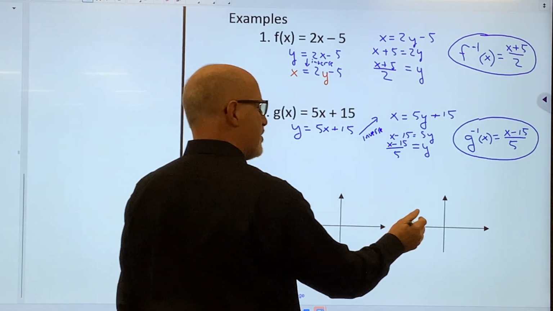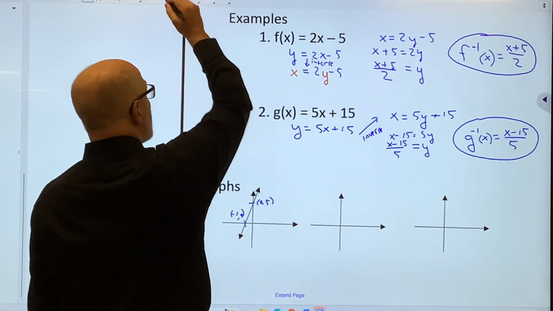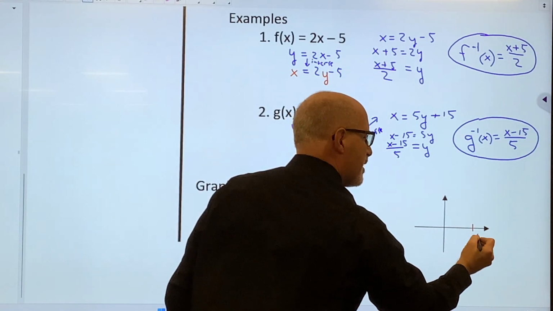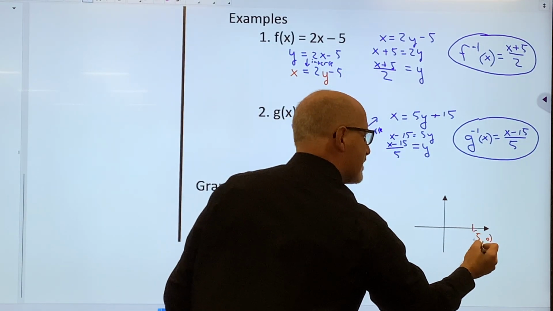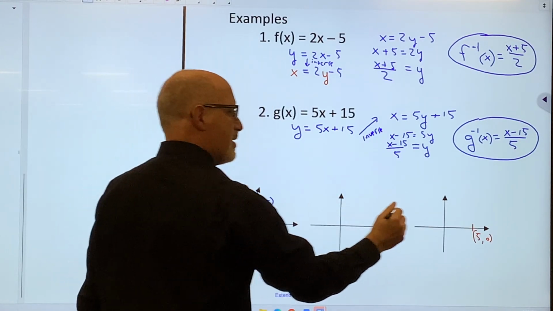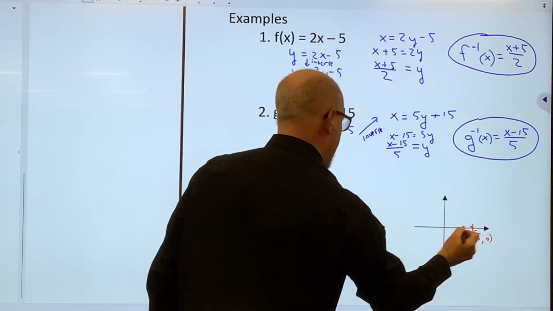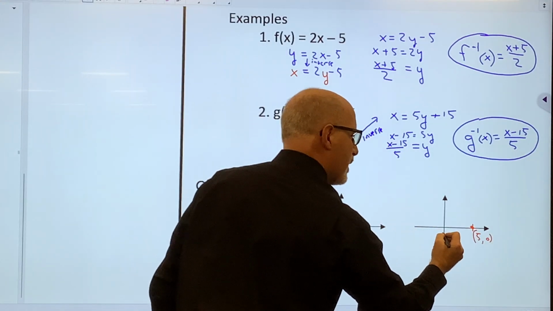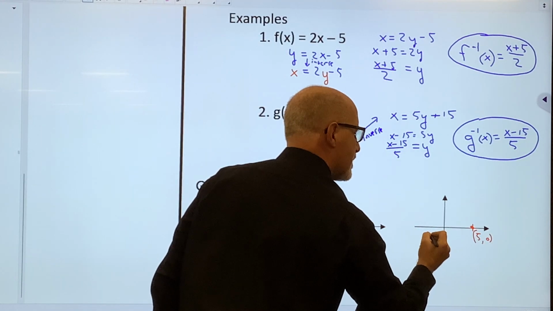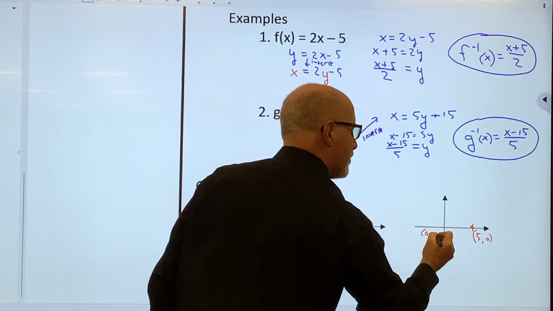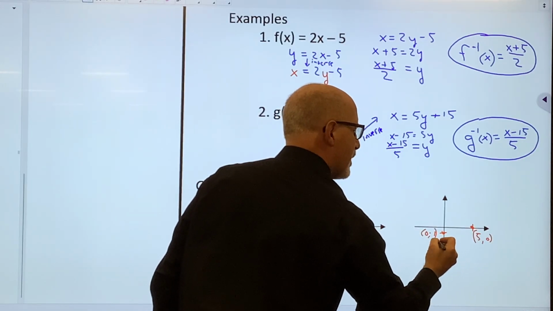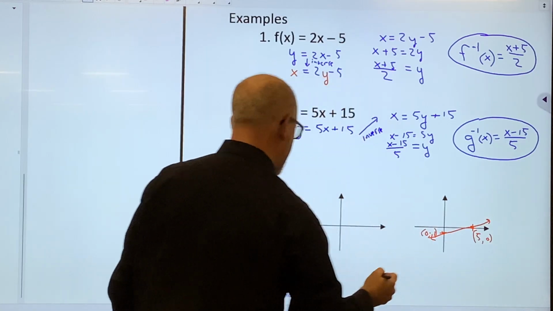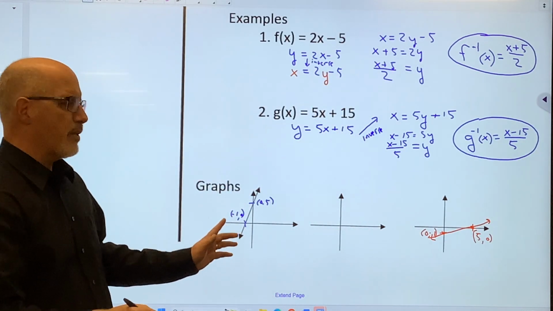So to do the inverse, I'll swap the x and y, and that gets me to (5, 0), because they've swapped places. So I'll put a point there, and then this (-1, 0), I'll make it (0, -1). So here's (0, -1). There's that one, and I draw the line between those. This is the inverse graph of this one.